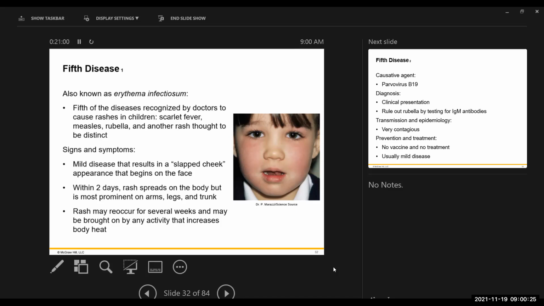Less frequently, people will get some sort of lacy rash on the body that becomes more prominent after sun or heat exposure.